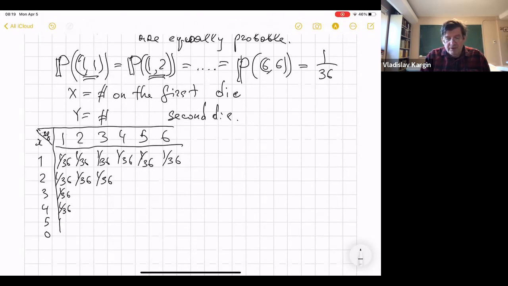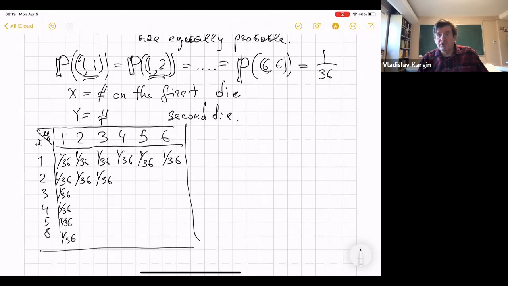But if you look at this table, 1 divided by 36, look at the marginal probabilities of x and y. So it's 1/6, 1/6, 1/6, 1/6, and 1/6.